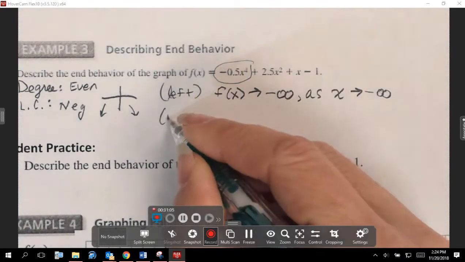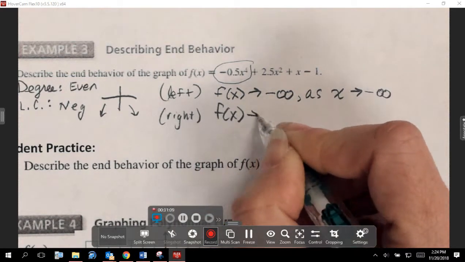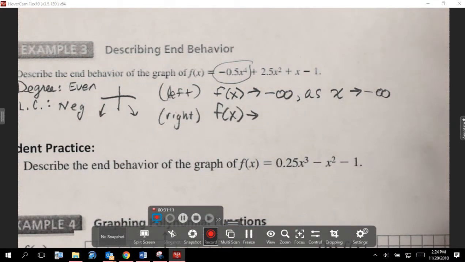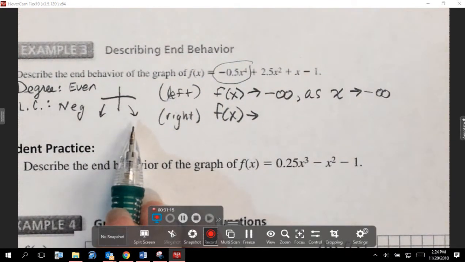So now on the right side, we start out with f of x approaches. What's it doing on the right side? Up or down? Down is which infinity? Don't overthink it. Down is which infinity?